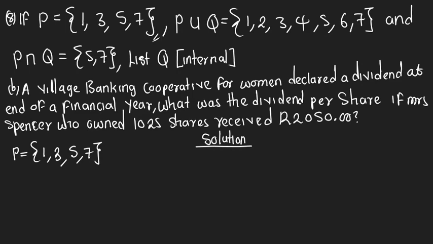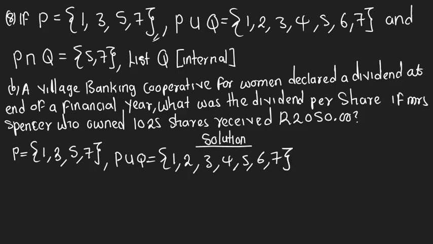Then they tell you that when P is united with Q, you have this particular set. Do you know what that simply means? Union simply means, for example, the same thing like marriage.